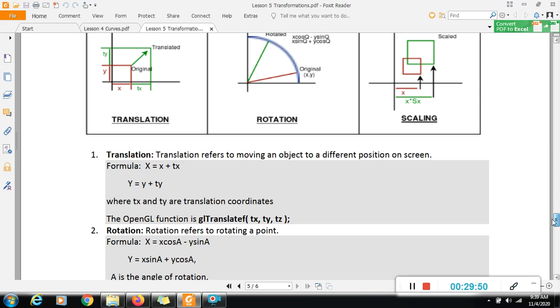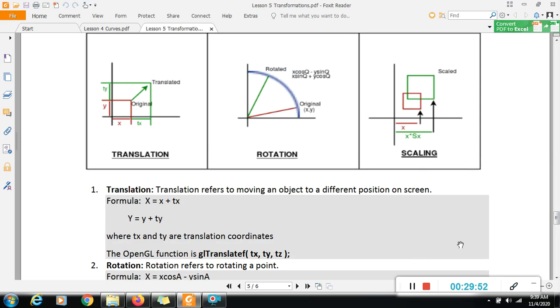When you want to do a translation in computer graphics, you use an OpenGL function called glTranslatef, in other words, the translate function. It takes three parameters, tx, ty, and tz. Of course, tx and ty are the translation coordinates. Translation refers to moving an object to a different position on the screen, like this line now.